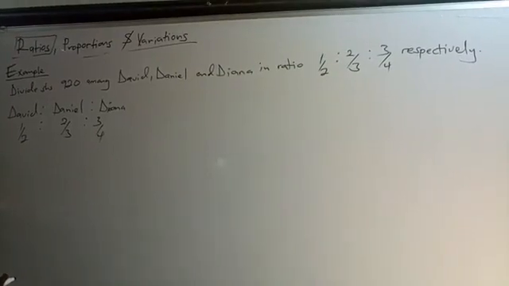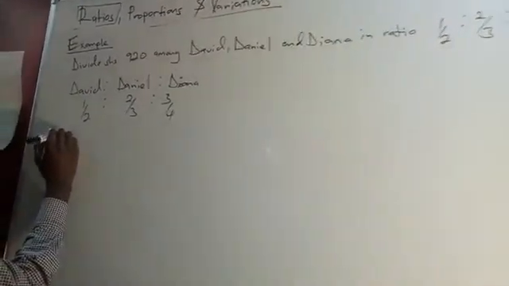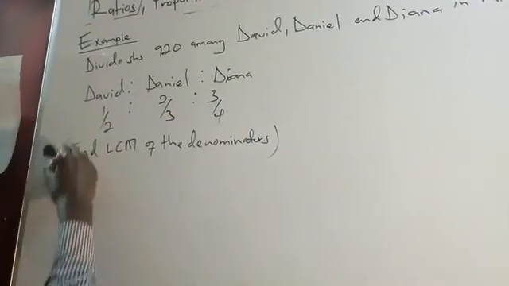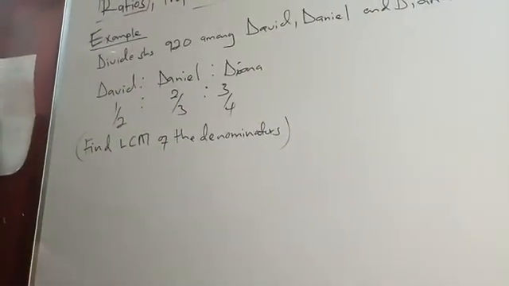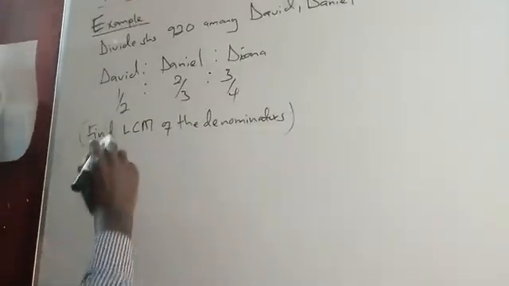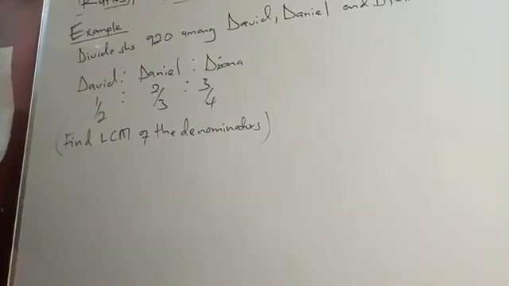So for now we are going to find the LCM of the denominators. By finding the LCM of 2, 3, and 4, it will be 12.